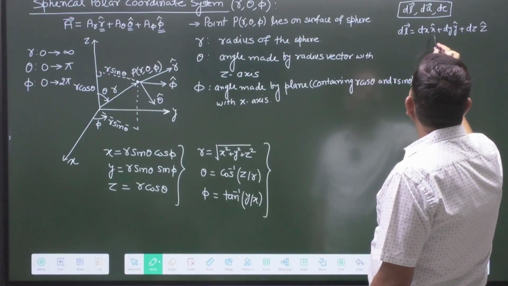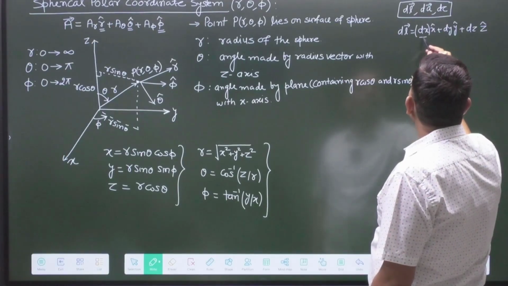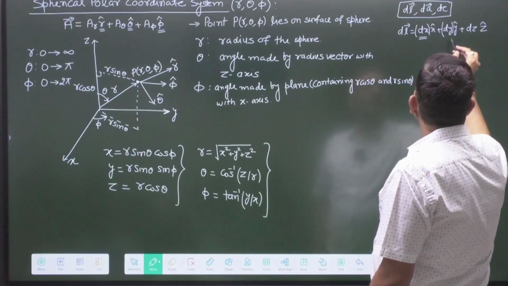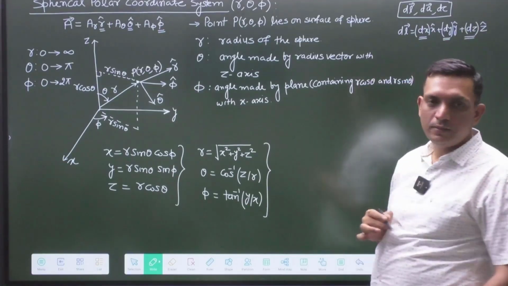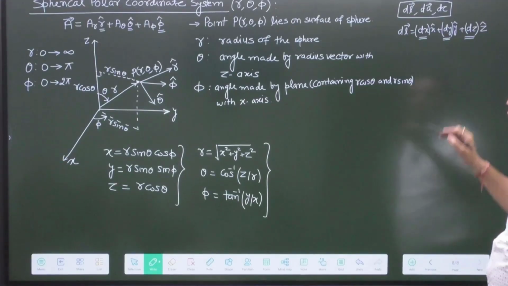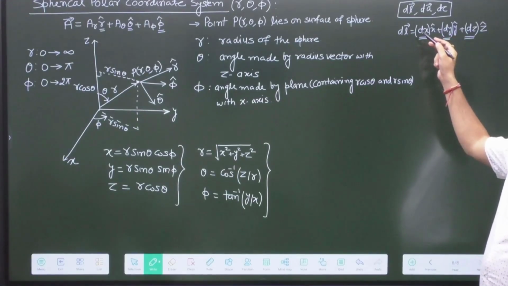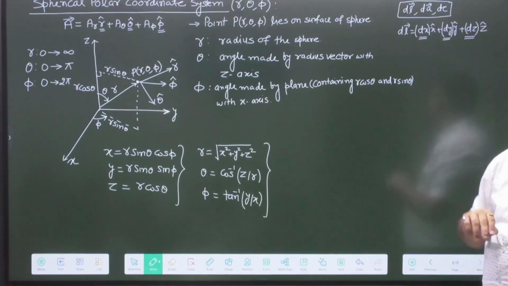If x, y, z change by dx, dy, dz, then the change along x cap is dx, along y cap is dy, and along z cap is dz. If you draw an elemental cube, the change along x cap is dx, along y cap is dy, and along z cap is dz.